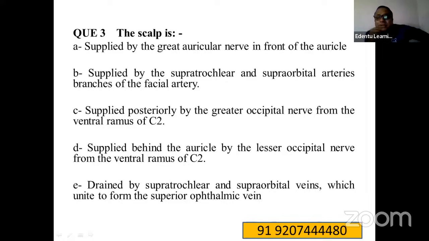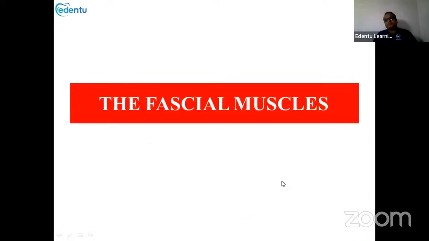D, supplied behind the auricle by lesser occipital nerve. And E, drained by supratrochlear or supraorbital veins. So these are the 5 options. You can answer the correct one and you can win most exciting and prized notes of heading 2, which will help you to get a very high score in your exams.